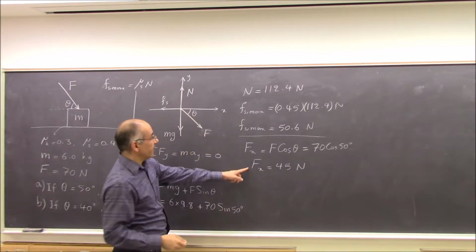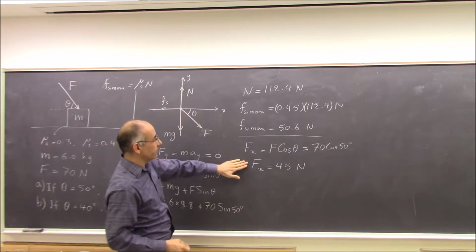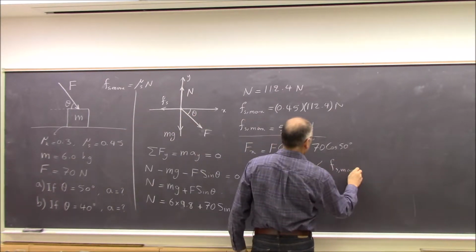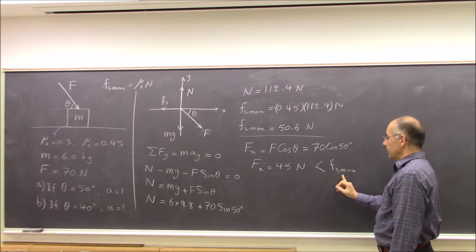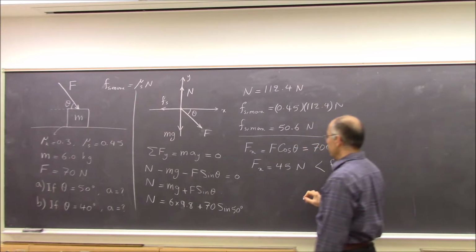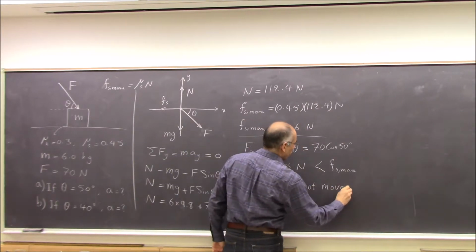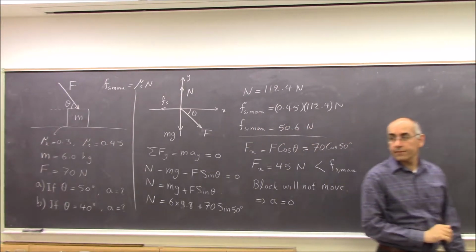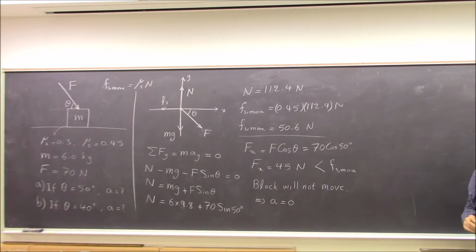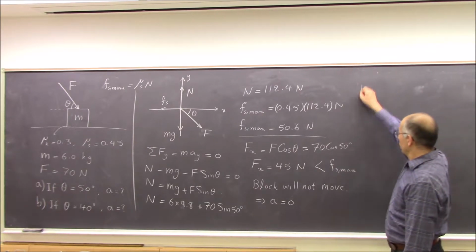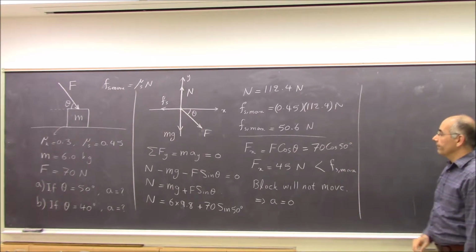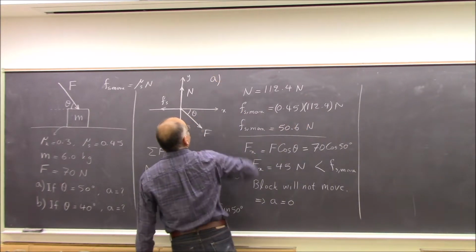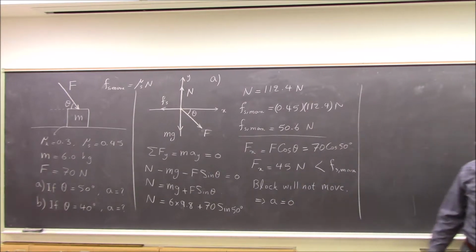You see that Fx is less than Fs max. That's the net force trying to move it, except for the friction itself. Because the force that's trying to move it is less than Fs max, the block will not move, and therefore the acceleration is 0. So if theta is 50 degrees, for part A, the block will not move.